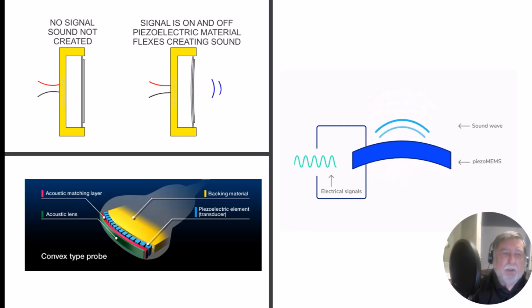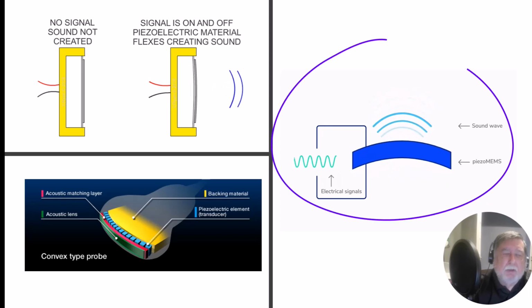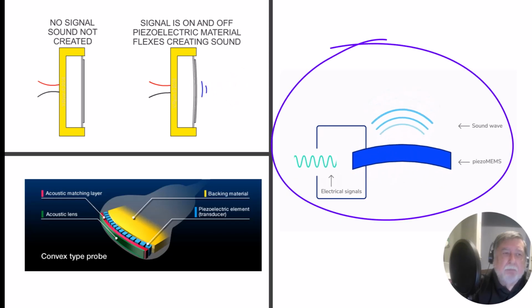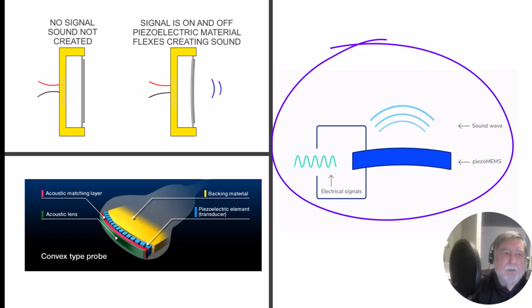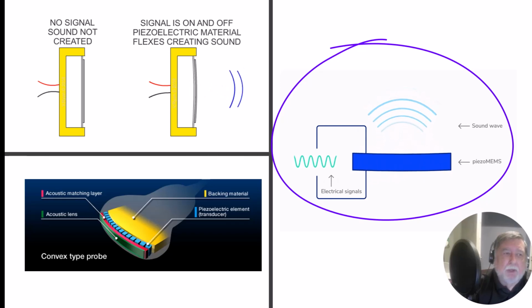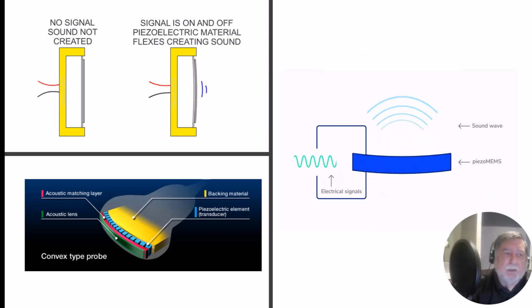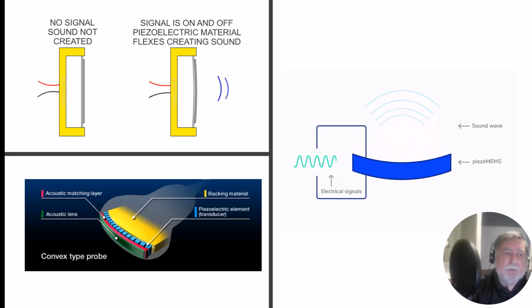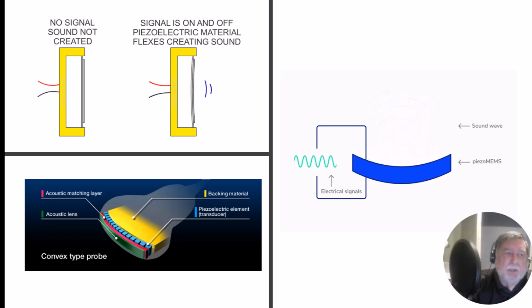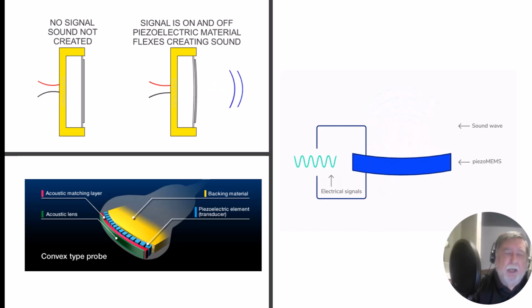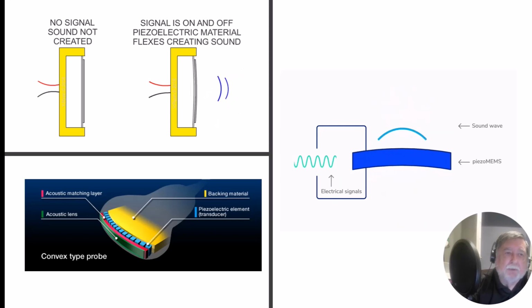During that period of time of flexion, the crystal actually sends out echoes. If the crystal is not sending out an echo, it is receiving echoes. And that means that 99% of the time, there is no signal created, and 1% of the time, there is a signal created to create echoes.